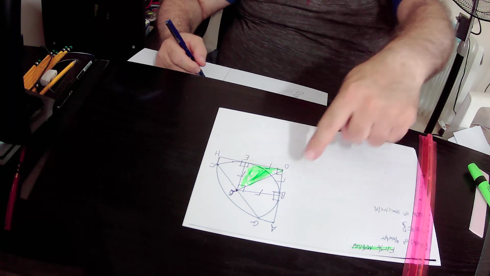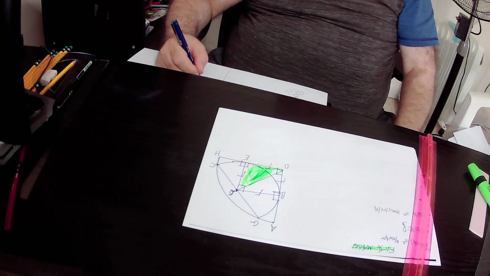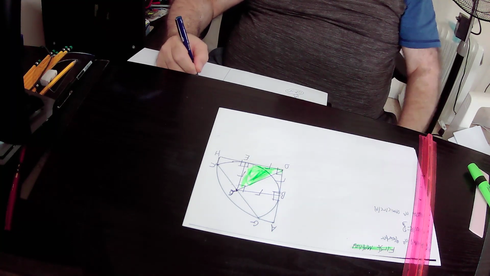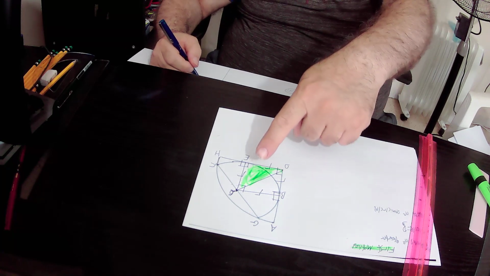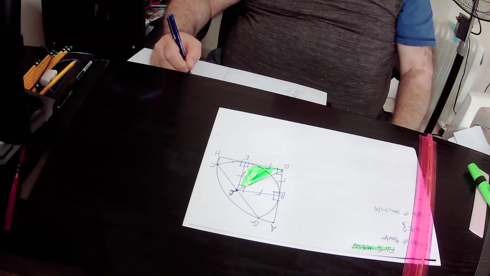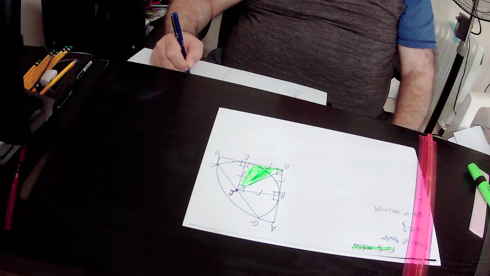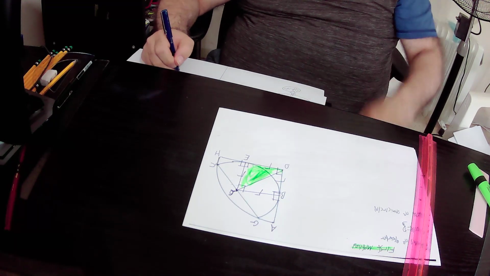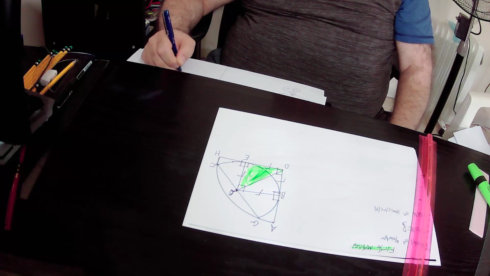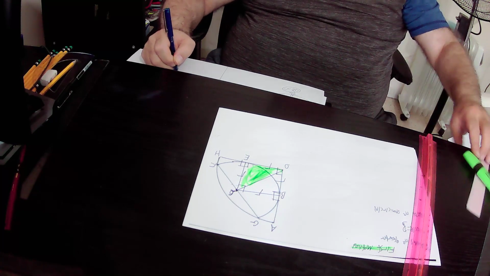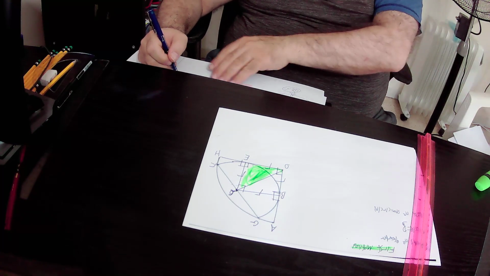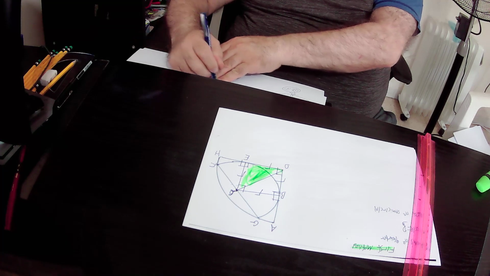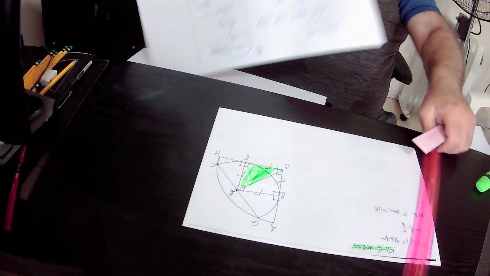That is to say, OC square equals CE square plus OE square. I repeat again.